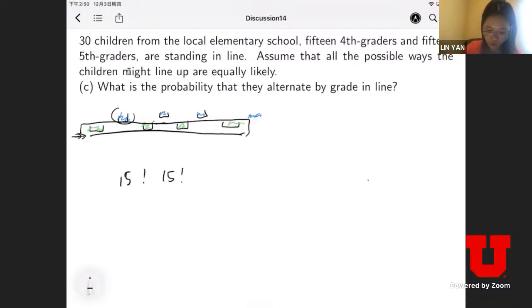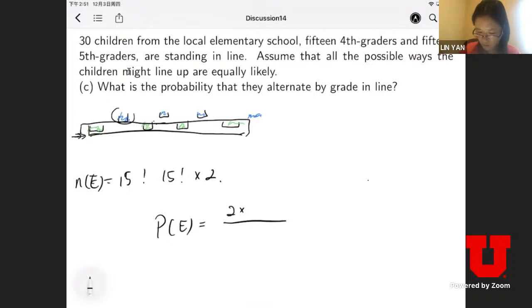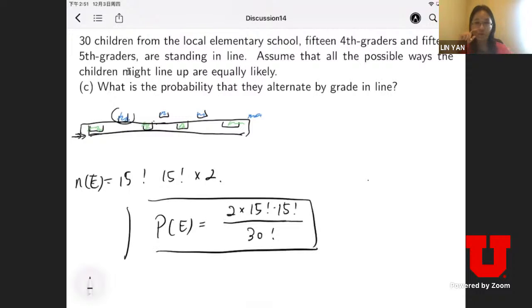We can also choose the first one to be a fourth grader or a fifth grader, so we multiply by 2 for N(E). So the probability of E is 2 times 15 factorial times 15 factorial over 30 factorial. And this is the answer for this question.